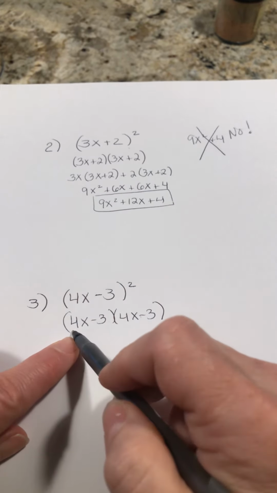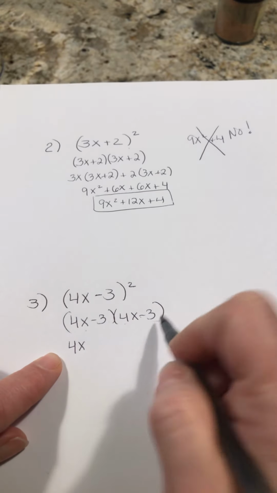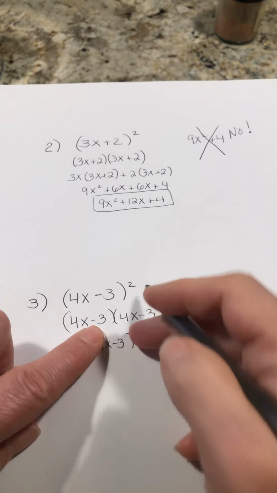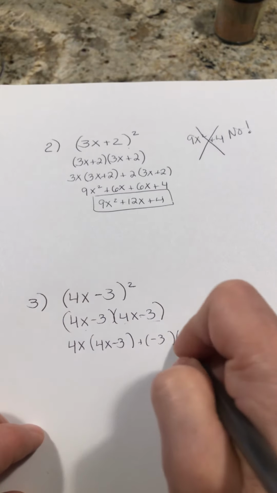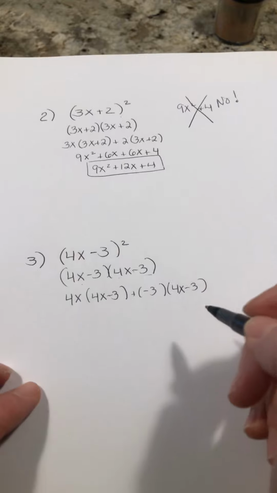So we're going to do the same thing here. I'm going to take my 4x and multiply it by the 4x minus 3. And now I'm going to take a negative 3 and multiply it by 4x minus 3. And now I'm going to distribute.